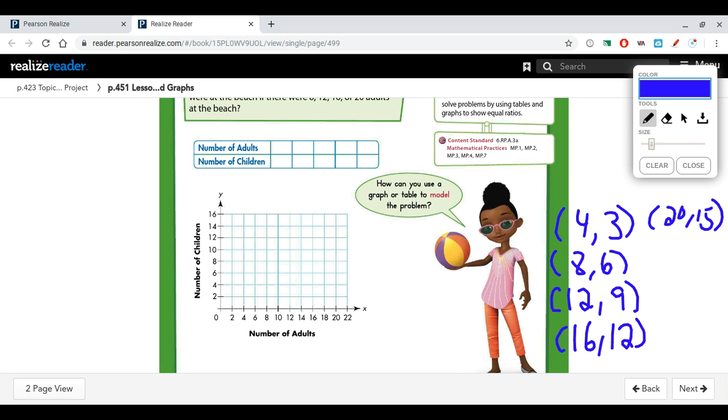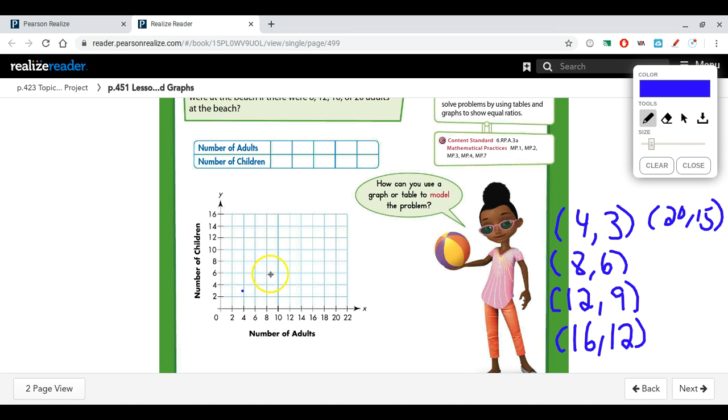I'm going to plot those onto the graph, and then from there we need to create our line and extend it. So 4, 3. Notice that the axis isn't marked by 3s, so I'm going to go up to about that halfway point and mark it. Then my next one is 8, 6. I'm going to find 8, 6 and mark it.